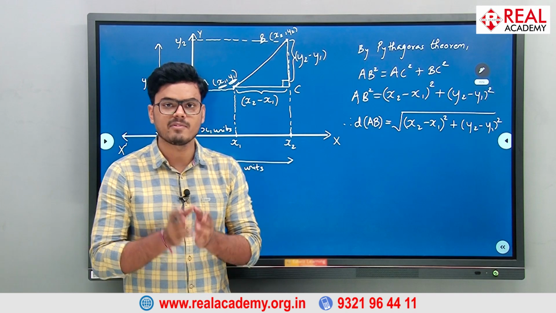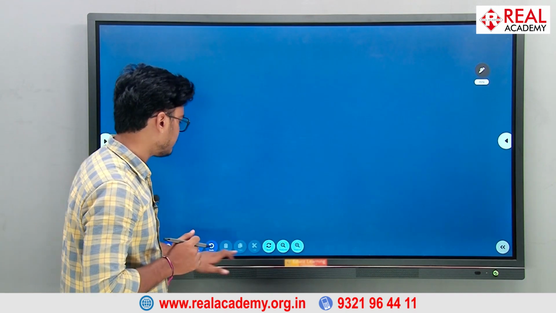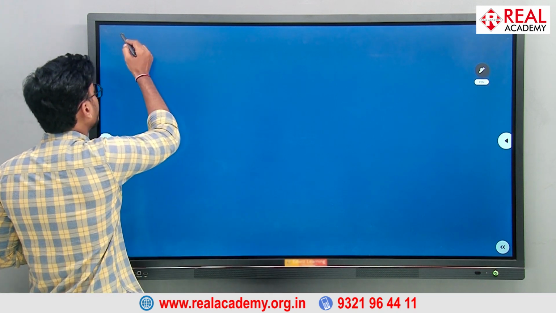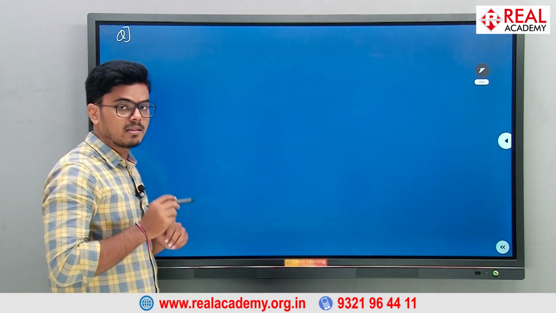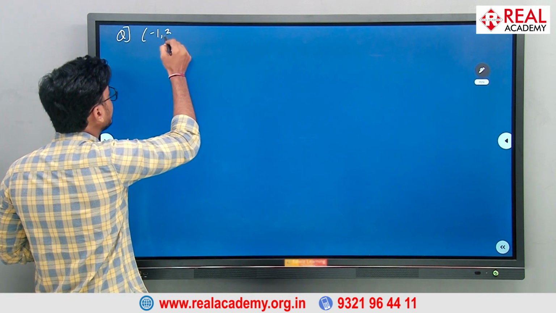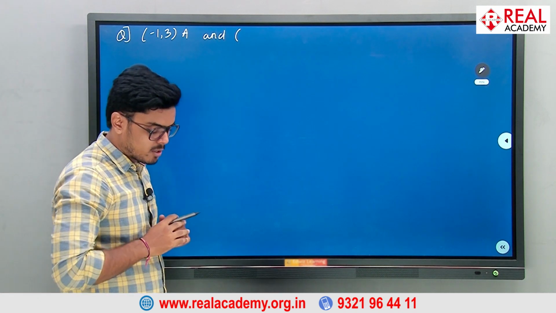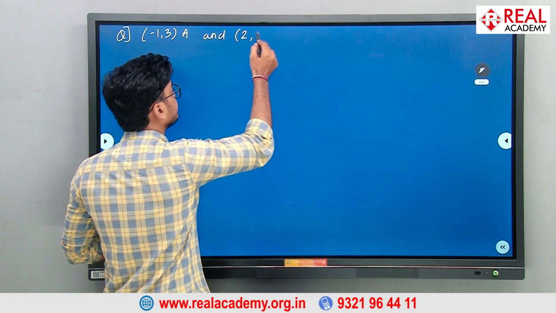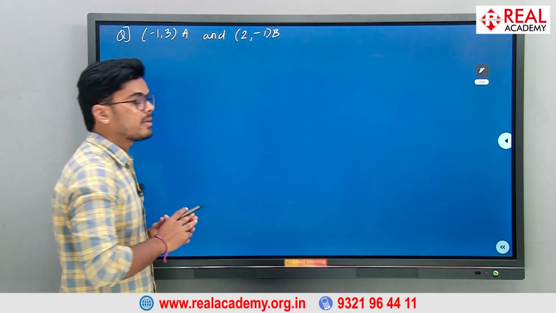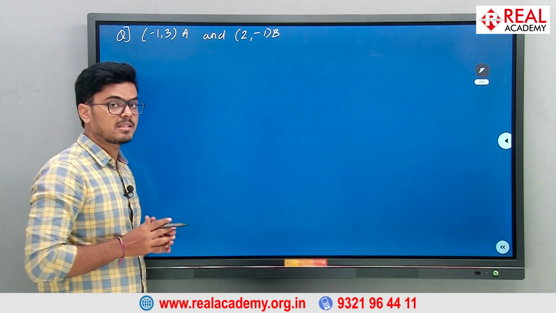For example, if we take 2 points, let me go to the next page. We have to find, suppose, the distance between the points minus 1 comma 3 point A, and point B, that is 2 comma minus 1. So if you want to find the distance between these 2 points, you can find it using the distance formula.